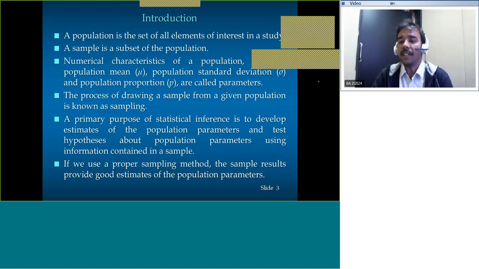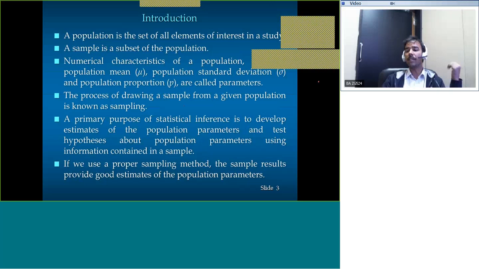Let's start with the concepts of sample, parameters, and statistics. Then we'll move to point estimation and then finally interval estimation. So start with the concept of population. You know very well a population is the set of all objects under study.